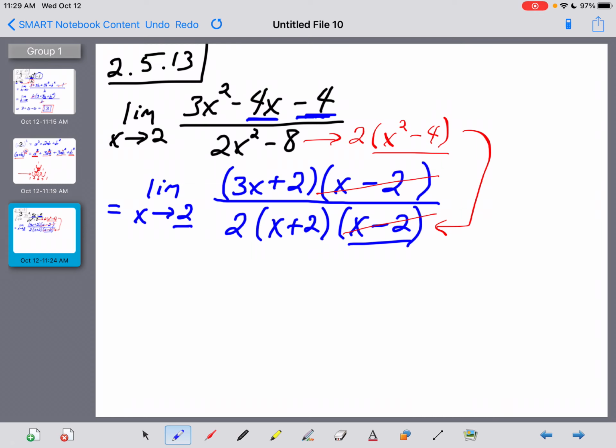Now that that's out of the picture, direct substitution should work. So up in the numerator, 3 times 2 is 6, plus 2 is going to get us an 8 up on top. And down on the bottom, 2 plus 2 is 4. 4 times that 2 is going to get us an 8 as well. So it looks like our final answer here is going to be 1 for number 13.